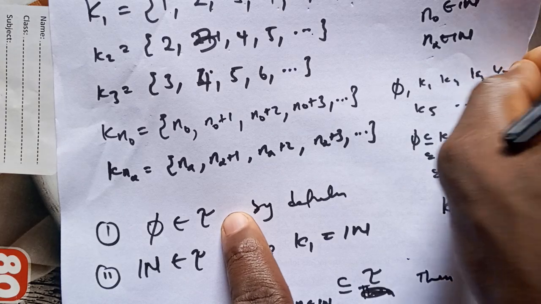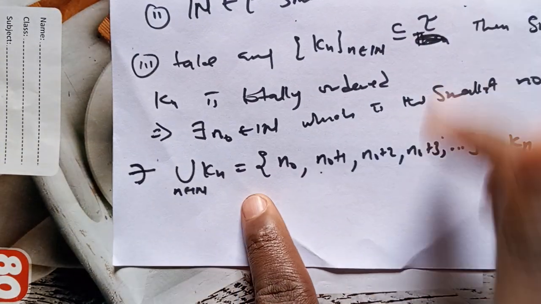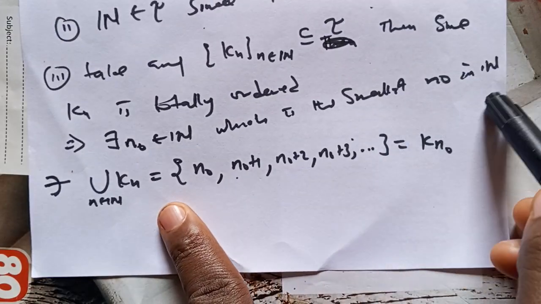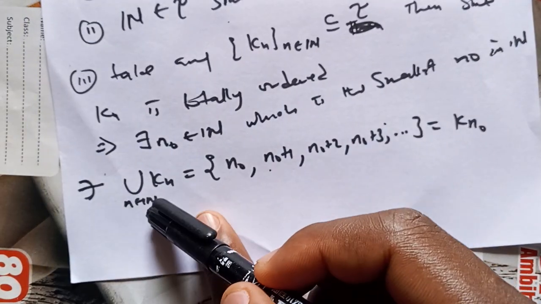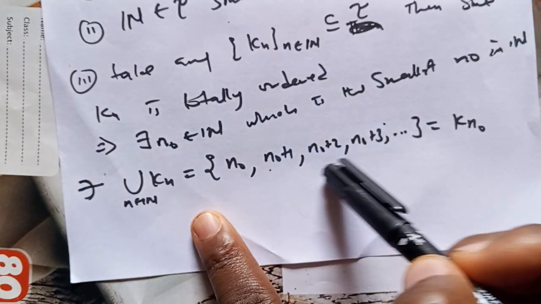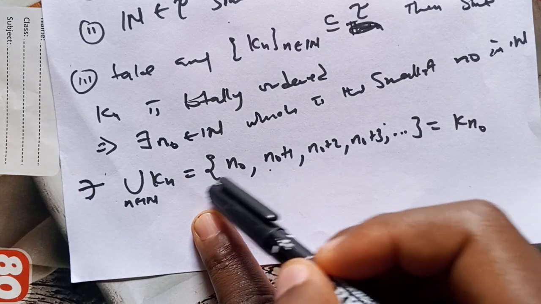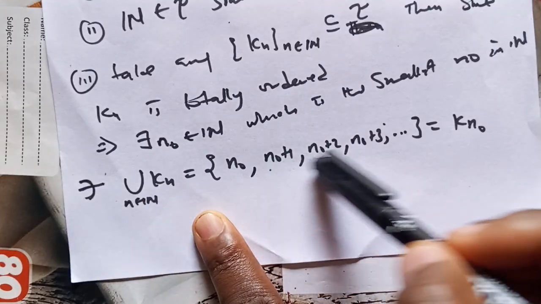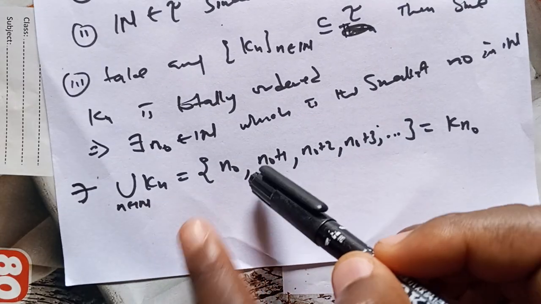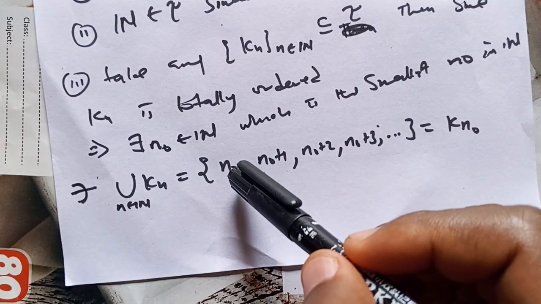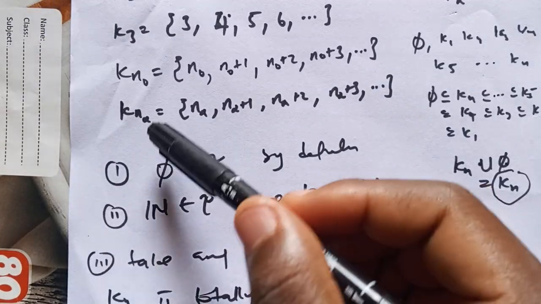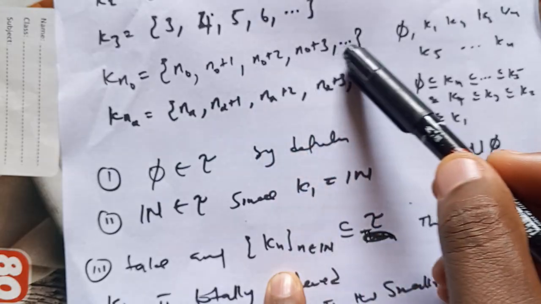So that's what just happened here. So I say there exists n naught in N, which is the smallest number in N, such that this union can be written as this. And since this union can be written as that smallest number, then observe that whenever we write something like this, this is K n naught. Remember I said if we have K n naught, it can be written as this.